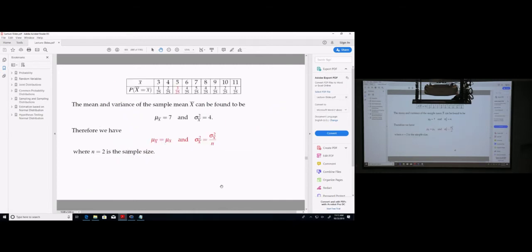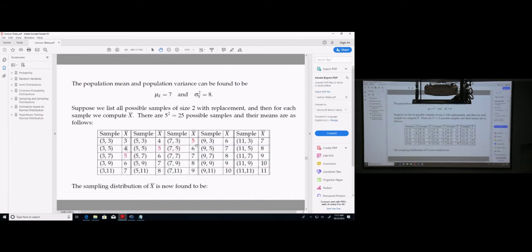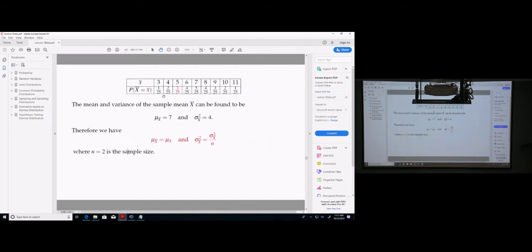All right? Now this is, of course, more like an academic exercise to illustrate the point, but we painstakingly enumerate all the possible cases in this table, and then from which we can form this table for the probability distribution of the sample mean. All right? So this is the sample mean probability mass function.